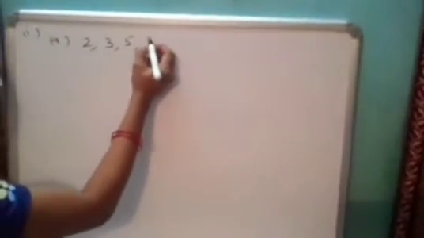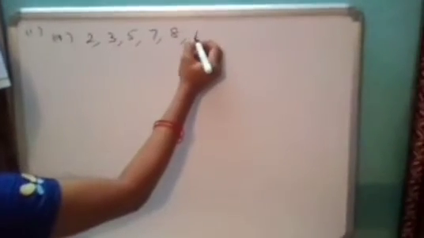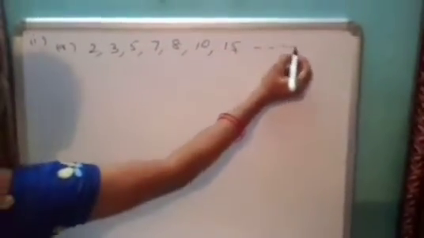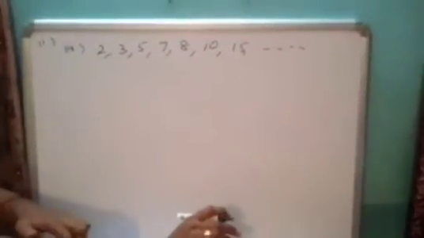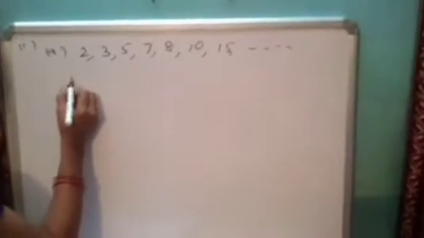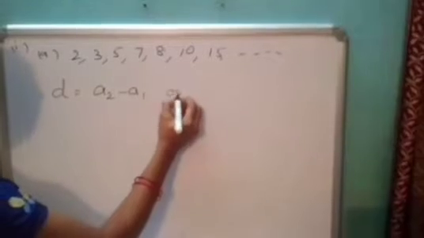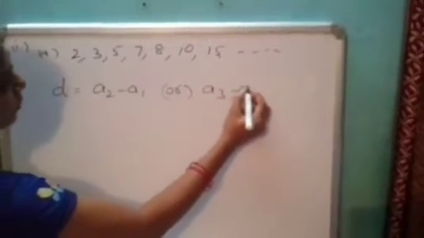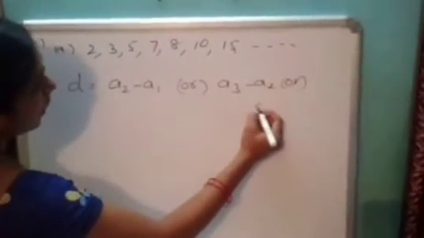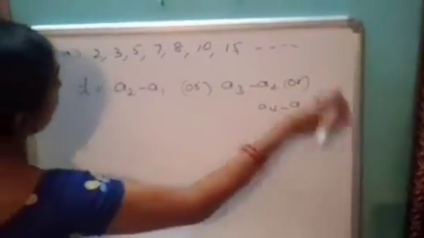First problem: 2, 3, 5, 7, 8, 10, 15 and so on. In this, the common difference is d equal to a2 minus a1, or a3 minus a2, or a4 minus a3 and so on.